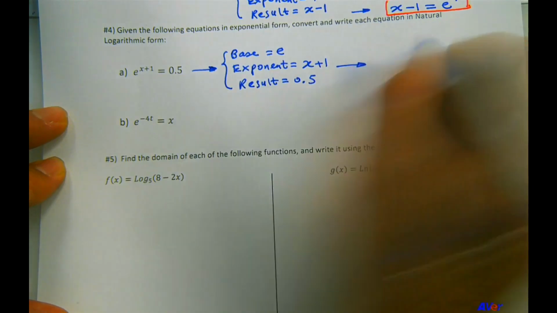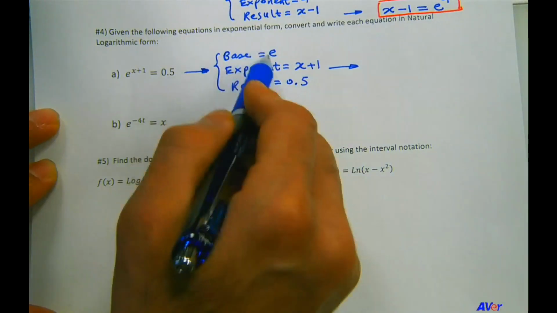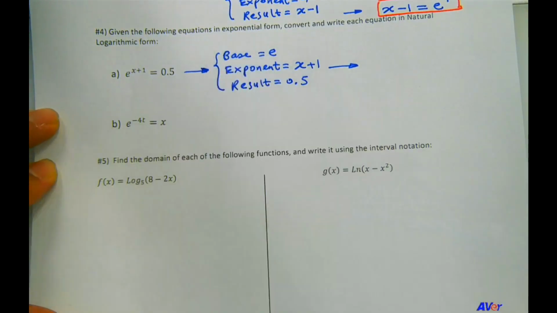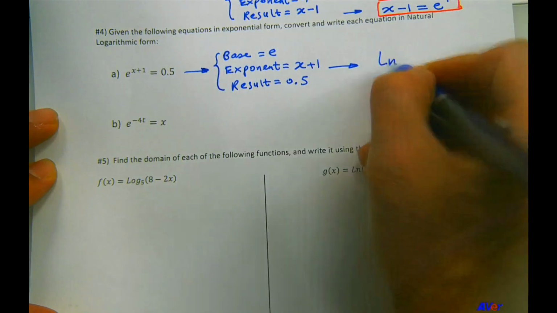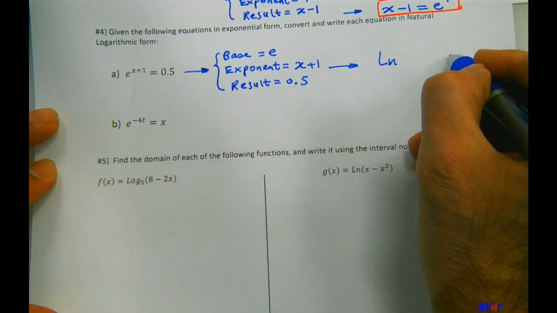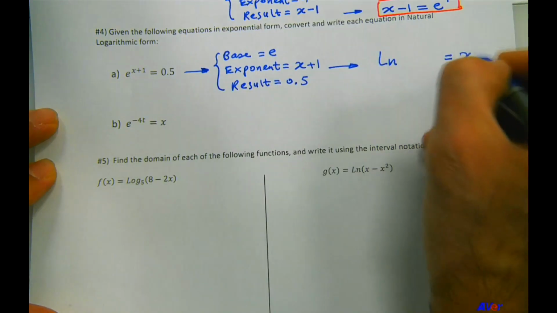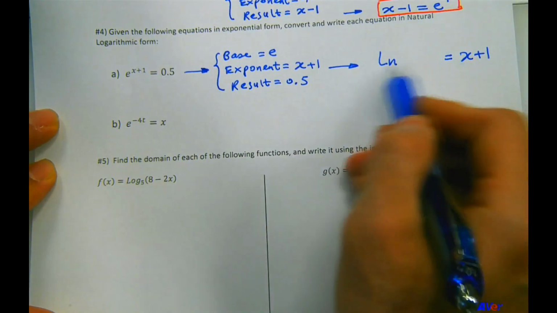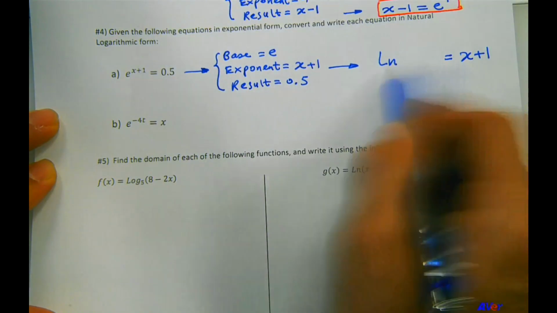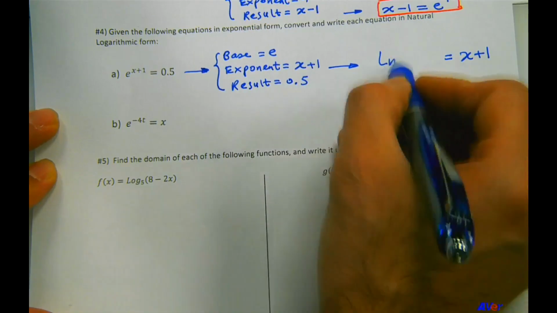So we know that in natural log, because of the base being e, we can use natural log, right? So we know that natural log and log functions generate an exponent. So I'm going to put x plus 1 on the other side. That's an exponent. The base is already e.